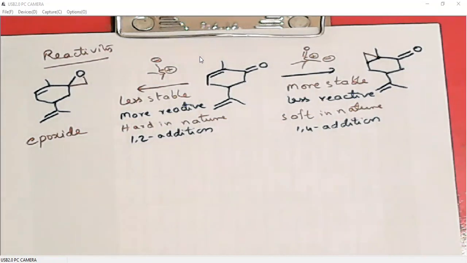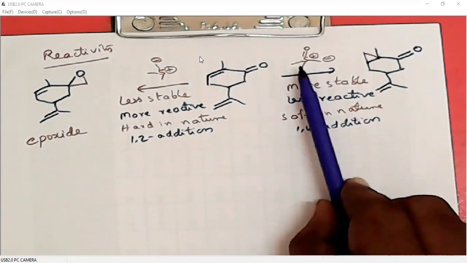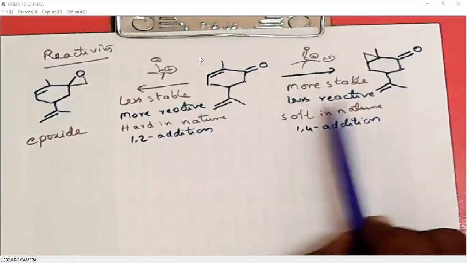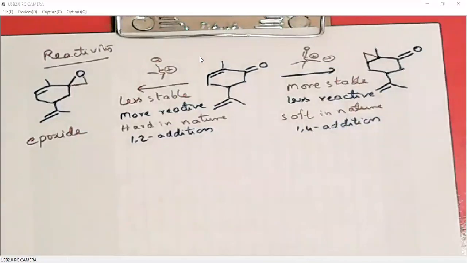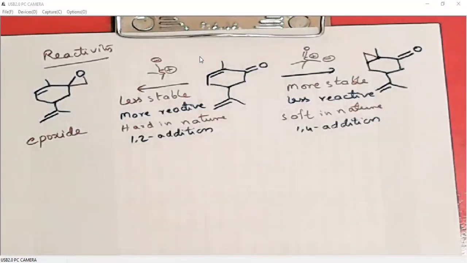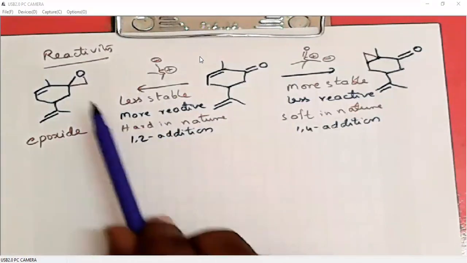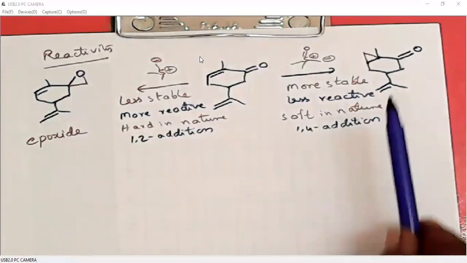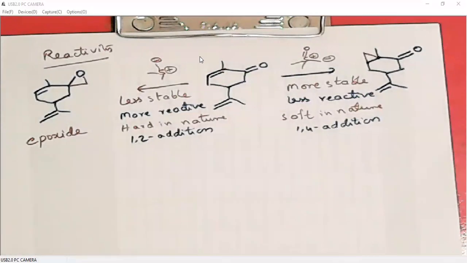Whereas dimethyl oxosulfonium methylide is more stable, so it is less reactive, or in other words a soft nucleophile. As we know, soft nucleophiles undergo 1,4 addition to an alpha beta unsaturated double bond. That is why the first will generate an epoxide, whereas the second will generate a three-membered cyclopropane.